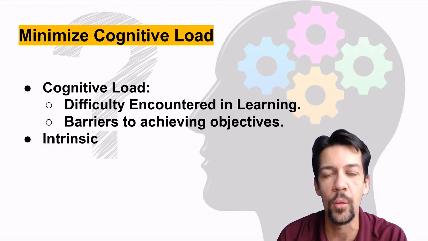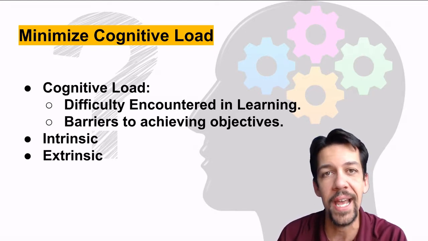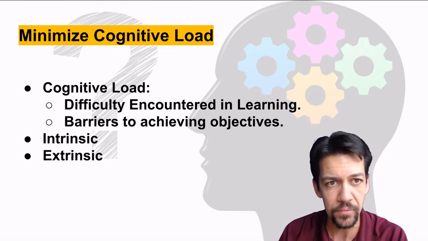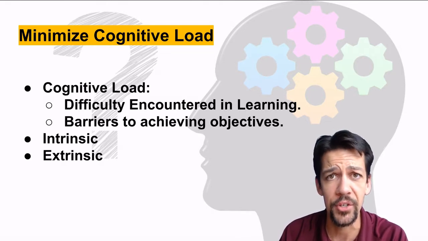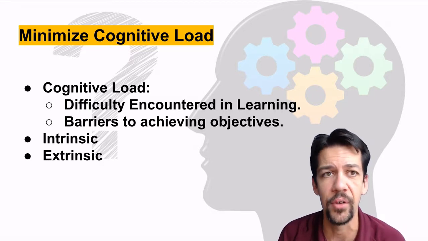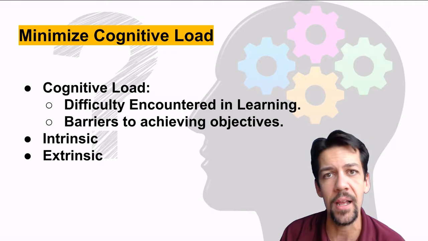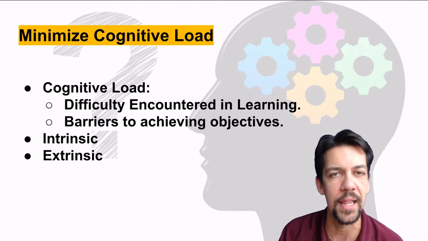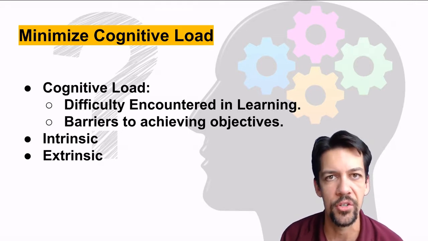The two things that we can affect are the extrinsic, which is the extra stuff in the environment that can be a barrier to learning something, right? So it's problems with technology, it's lack of interest, it's the environment that the students are in, whether it's loud or confusing or distracting.